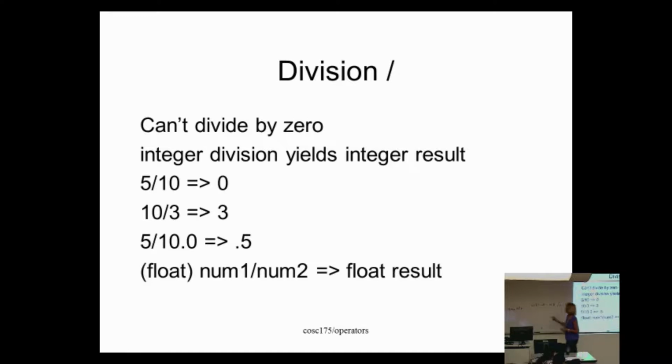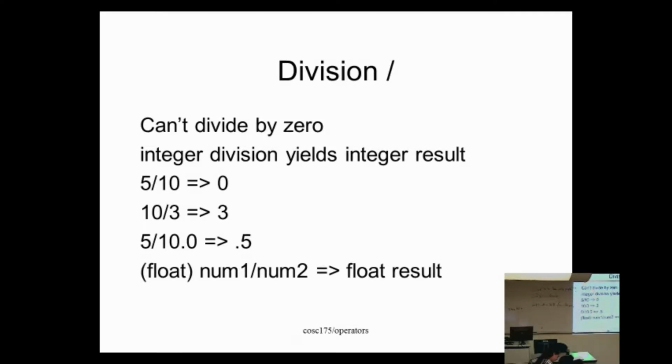So if you did something dumb like this, maybe the compiler would catch you, but either way, it would tell you there was an error. But let's say that you ask the user, what's the potential problem there?